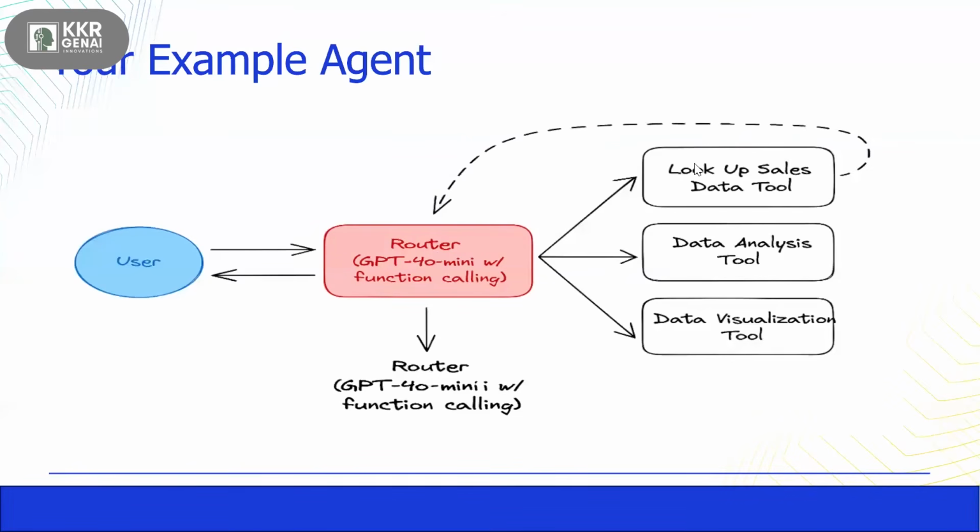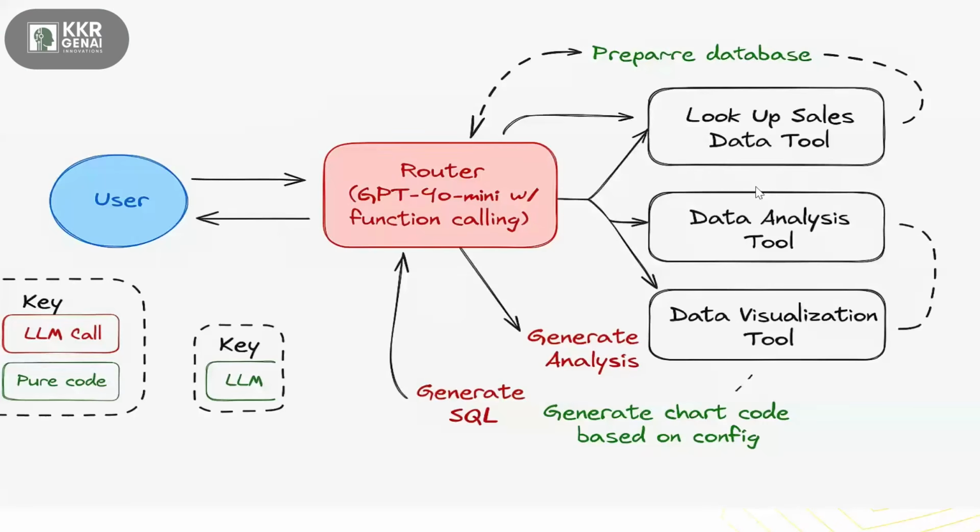Then we will have the skill sets. As I told you, suppose I need to get the sales data of a particular XYZ location. It will connect to the sales data tool and try to get the information. Now the user will have a different question: can you provide me the insights of this particular data? If the user asks for insights on the New York sales location, it has to pick up the data, do some data analysis on the data picked by the agent, and then provide the insights.